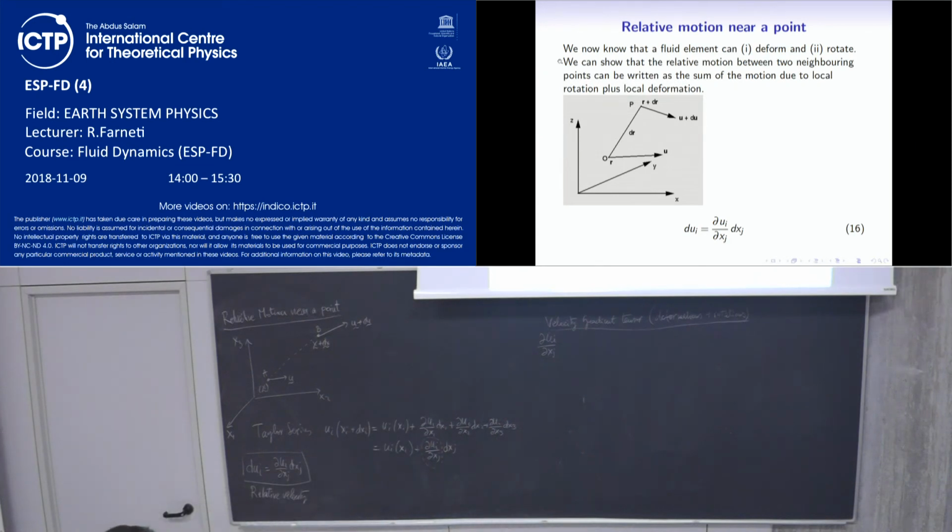And the off-diagonal terms, we didn't talk about those, and this is where we're going to feel all those. So now we can decompose this velocity gradient tensor, which has all the different components, and we can define it as this.